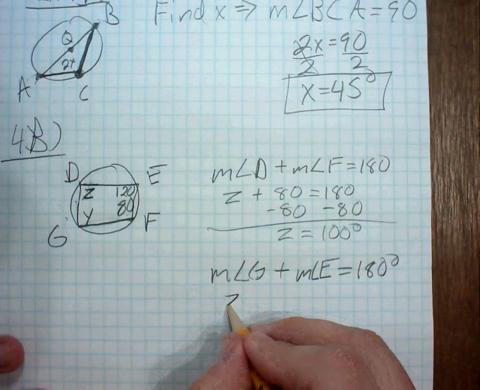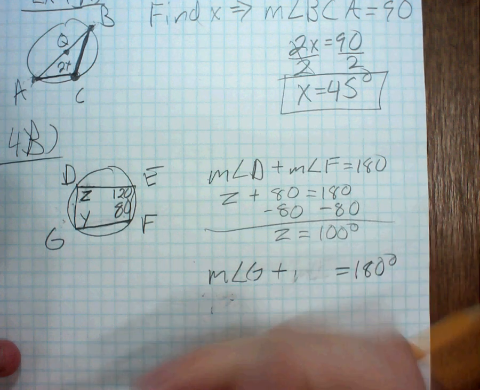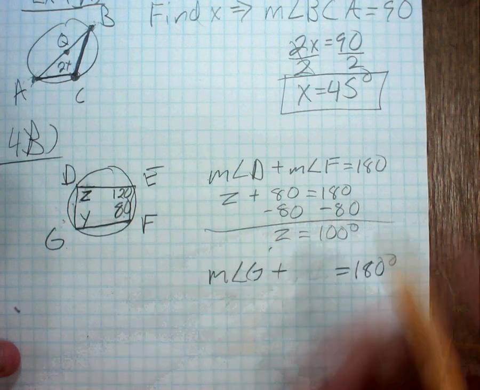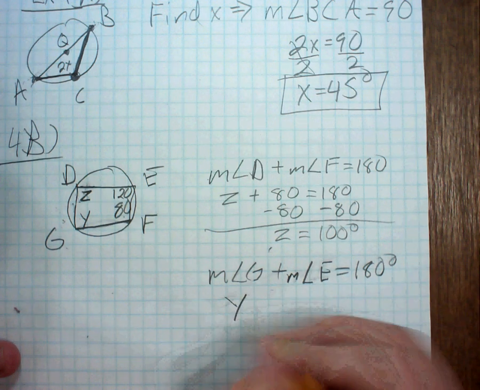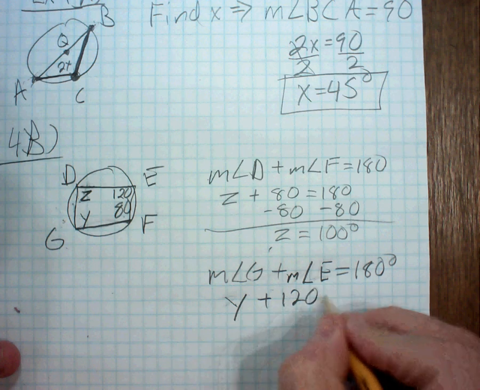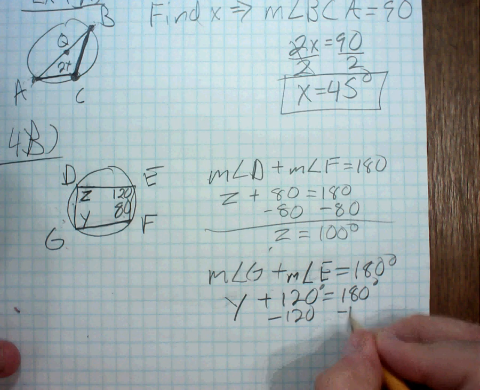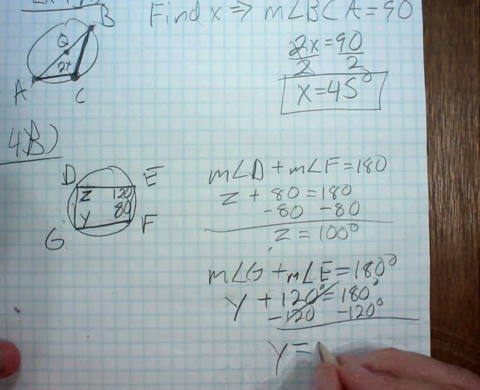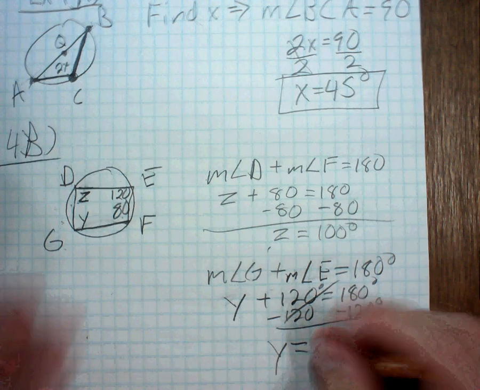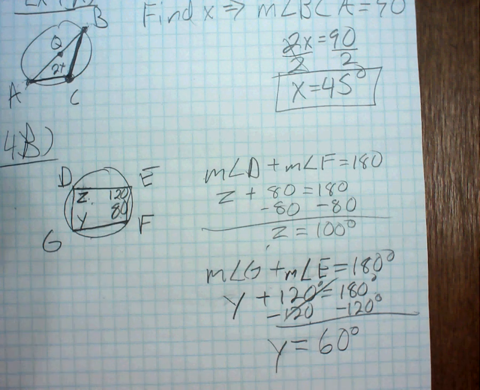G is Y plus 120. Subtract 120 from both sides. And I get Y is equal to 60 degrees. And that is it.